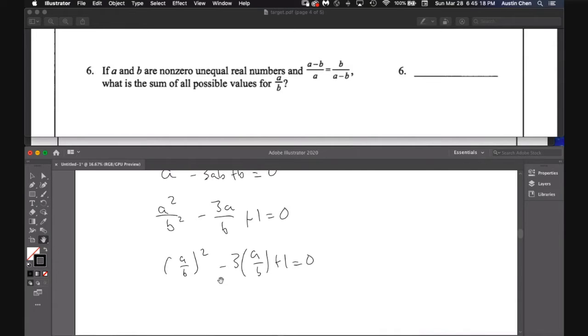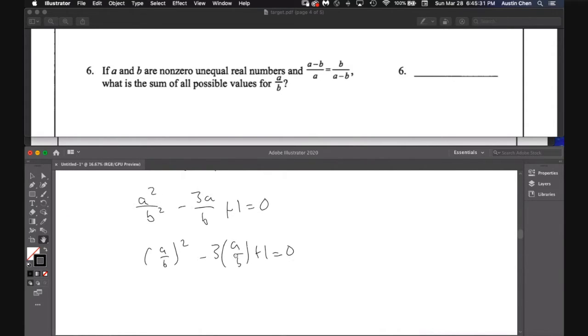We need to know the sum of all possible values for A over B, and if we have the quadratic function for it, we can find the sum of all possible values of this A over B, which is like our X, with just Vieta's formulas, right?